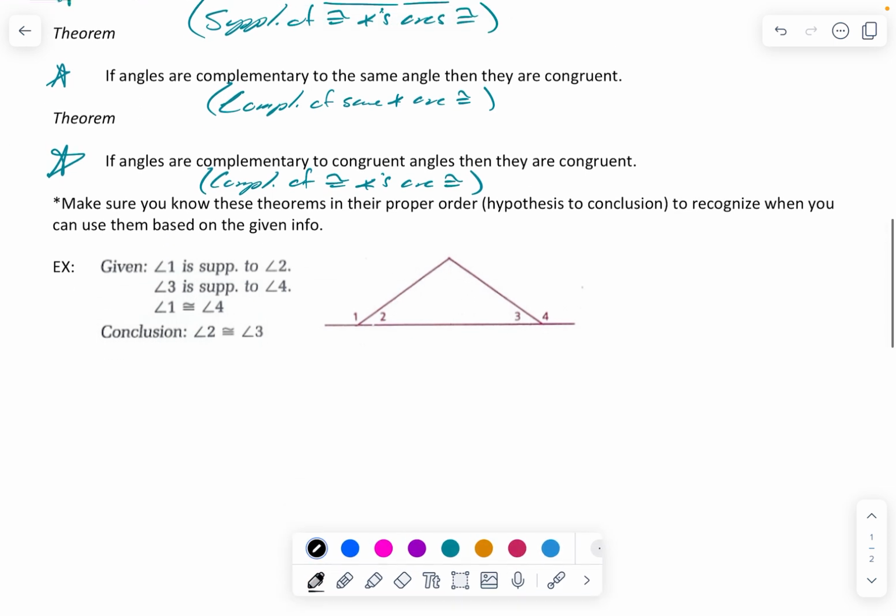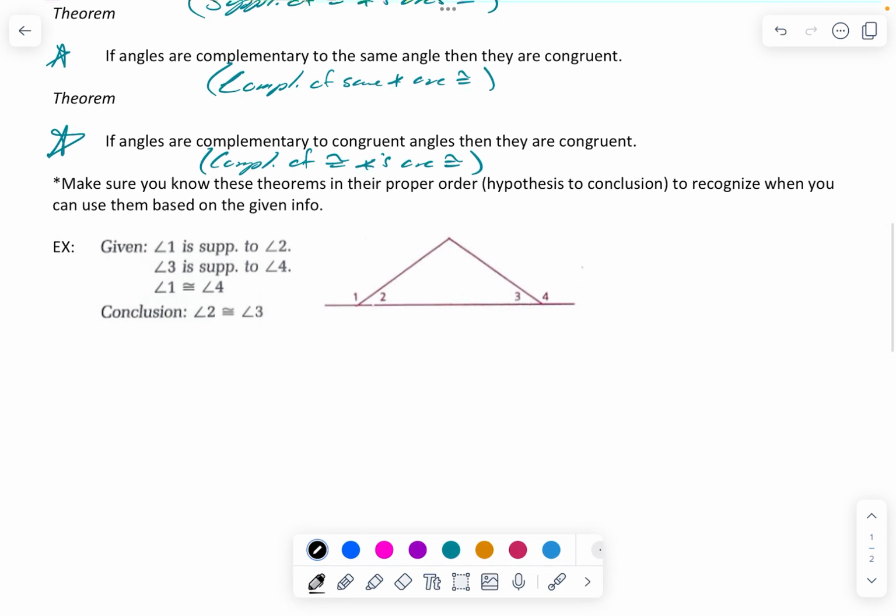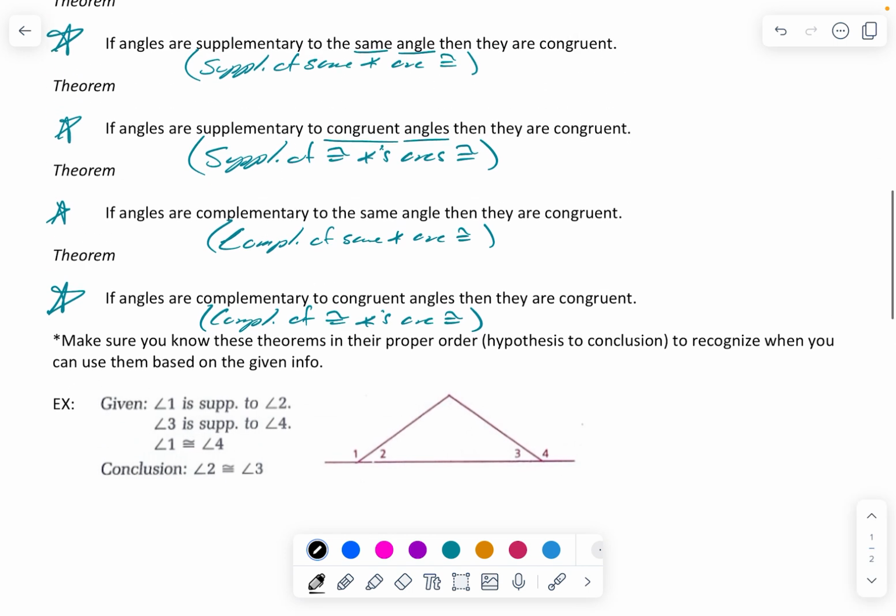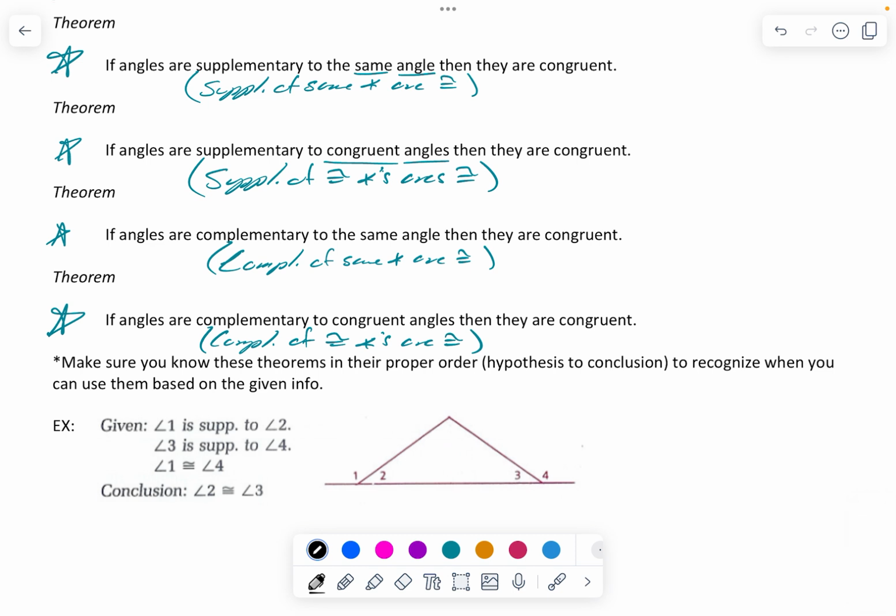All right, so those are some more tools in our toolbox that we can use for proofs. It says, make sure you know these theorems in their proper order, hypothesis to conclusion, to recognize when you can use them based on the given info. So remember, we have to have supplements or complements of the same angle or congruent angle.